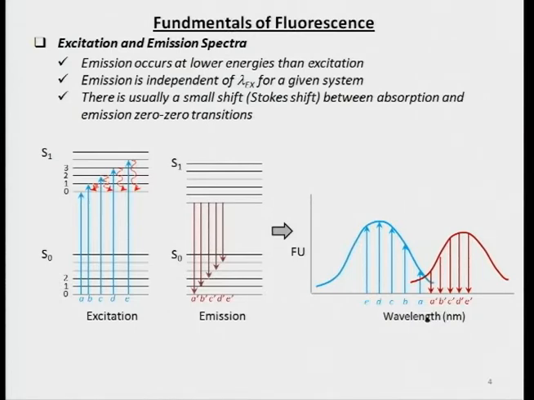Fluorescence arises from S1 to S0, wherein most of the fluorescence arises from the lowest vibrational level of the higher excited state. It can come back to 0 or 1 or 2 or 3 or 4, where now this one is the highest energy and this is the least energy.